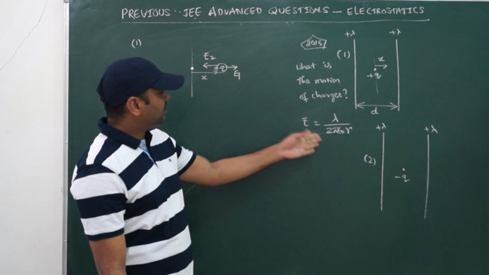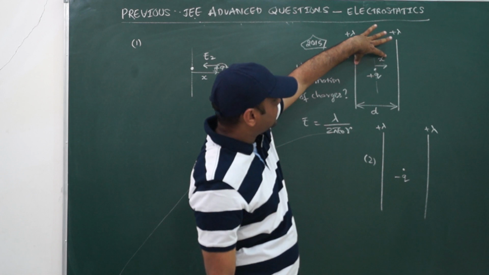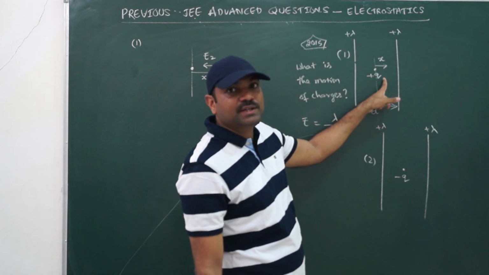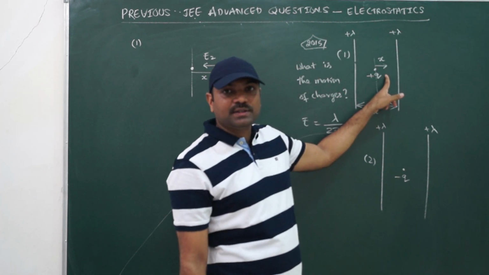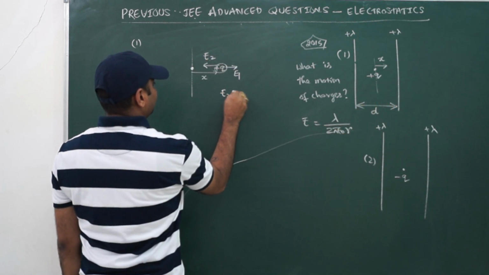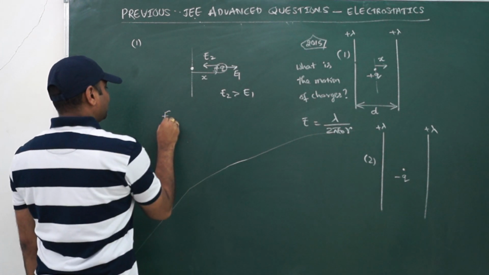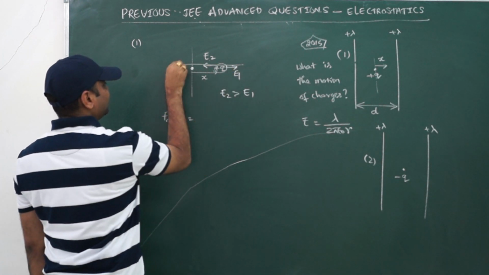Okay. So then we have to apply the same thing over here. Nothing else. For the first wire, the distance of the charged particle becomes d by 2 plus x. For the second wire, it is d by 2 minus x. That means E2 will be more than E1. So the net force will be in the backward direction.